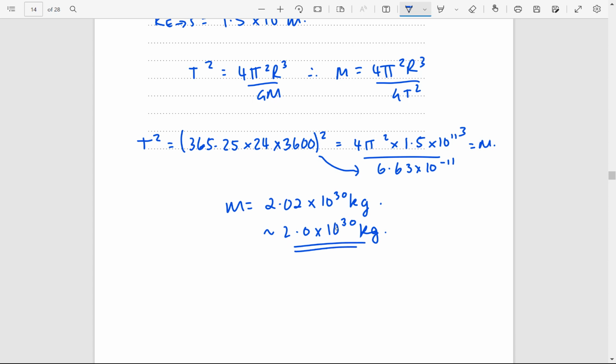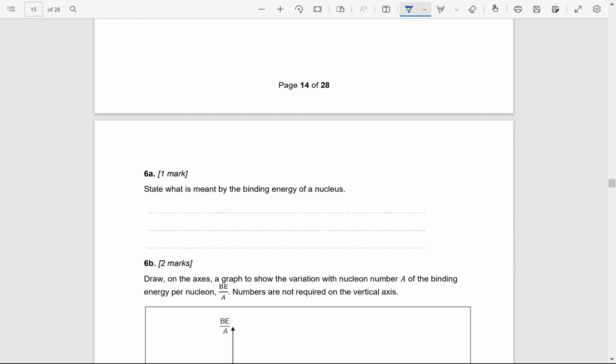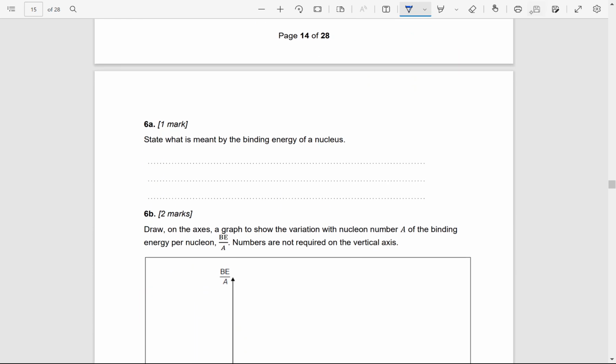Right, you should have that knowledge that the mass of the sun is 2 times 10 to the 30. Really.